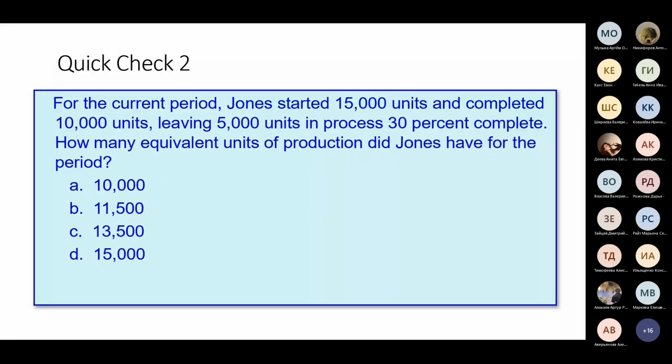If Journe started 15,000 units and completed 10,000 units, how many equivalent units of production did Journe have for the period? So do you have any suggestions?